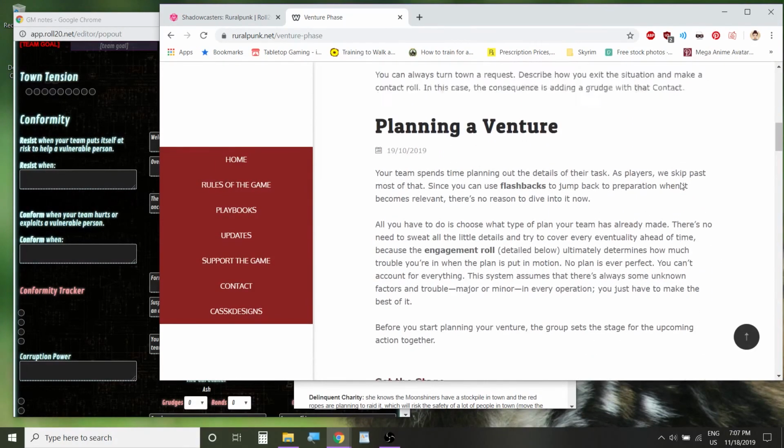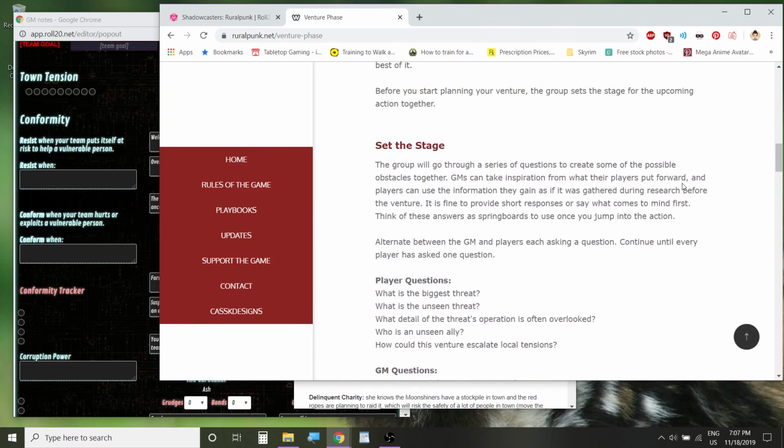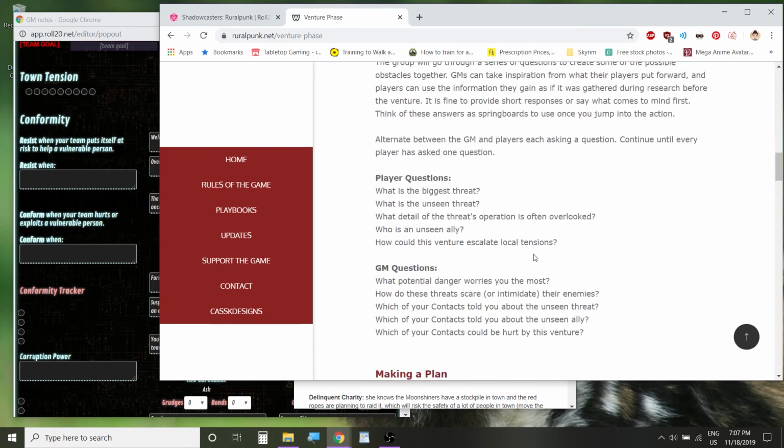So how it works is we do something called setting the stage, and each player asks me, the GM, a question, and I'll answer it. And each time a player asks a question, I, the GM, will ask them one, and they'll answer it.